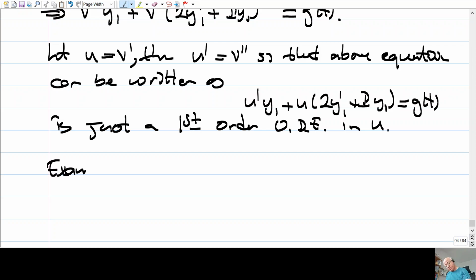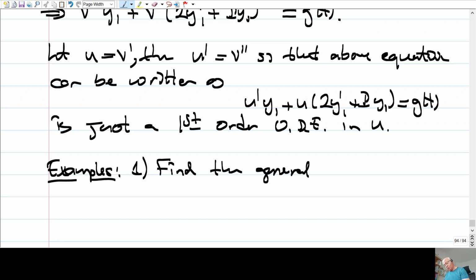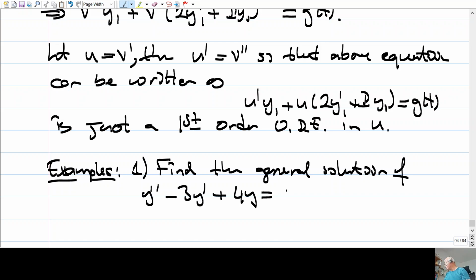So let's see some examples. Okay, I'll do some examples. Find the general solution of y double prime minus 3y prime plus 4y equals 3 times e to the power 2t.